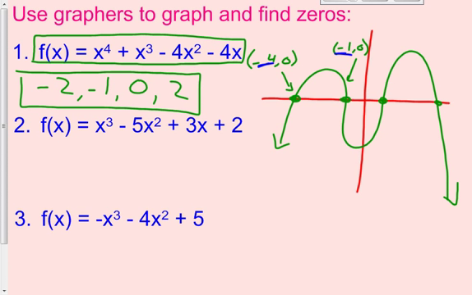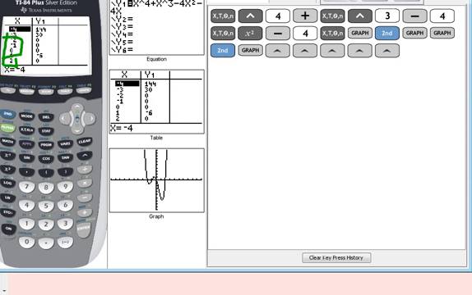Looking at number 2, this one is going to be slightly more difficult. So let's put this into our graphing calculator. X cubed minus 5x squared plus 3x plus 2. So go to your y equals button again. Clear whatever was in there.